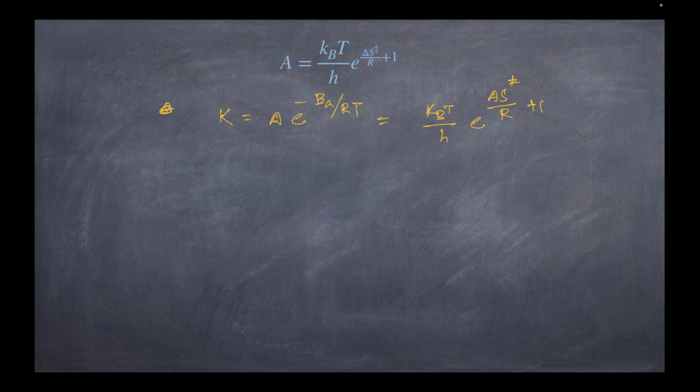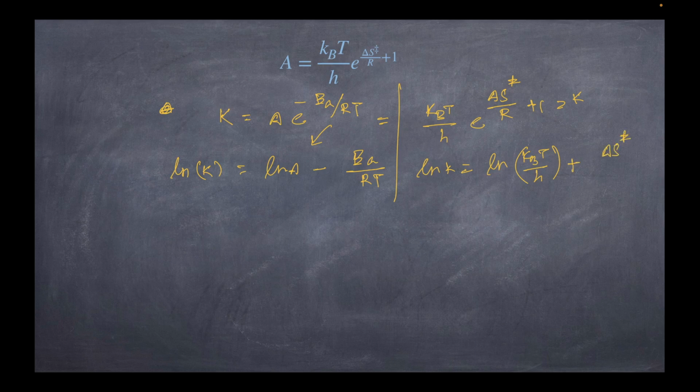So k is equal to this and k is equal to this. Now let's take ln of both sides of k. From the Arrhenius expression, ln k equals ln A minus EA divided by RT. From the TST expression, ln k equals ln of kBT by h plus delta S double dagger divided by R plus 1.